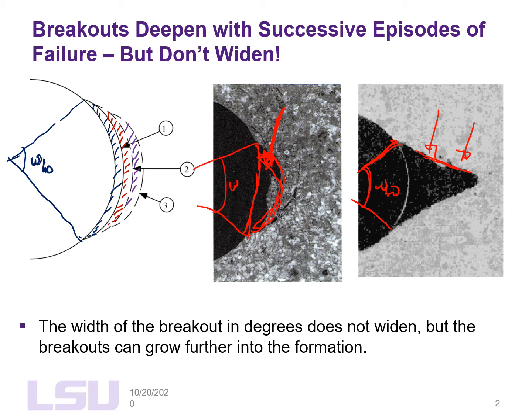And that angle is the width of the breakout. So that's the moral of the story there. The width of the breakout in degrees does not widen, but the breakouts can actually go further in the formation. And this will not cause too much of a drilling problem, right? As long as the general size of the hole in the other directions do not widen.